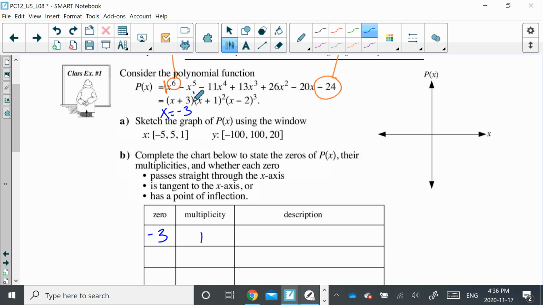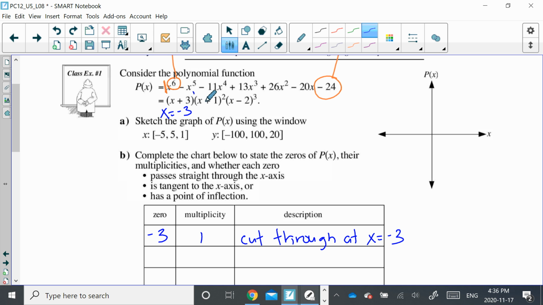If you have a multiplicity of 1, your graph is just going to cut through the x-axis at that 0, so it's going to cut through at x equals negative 3.